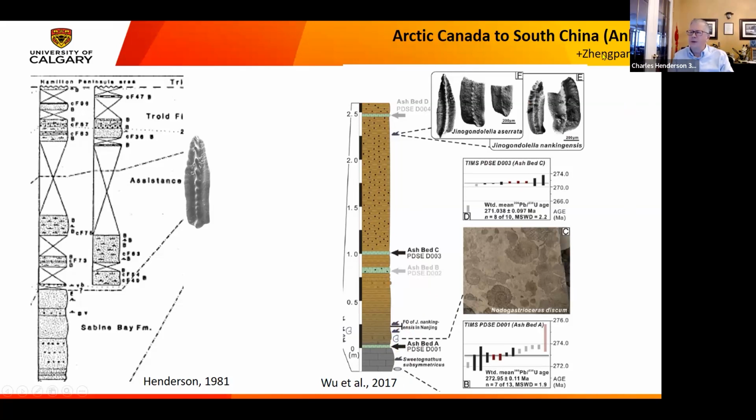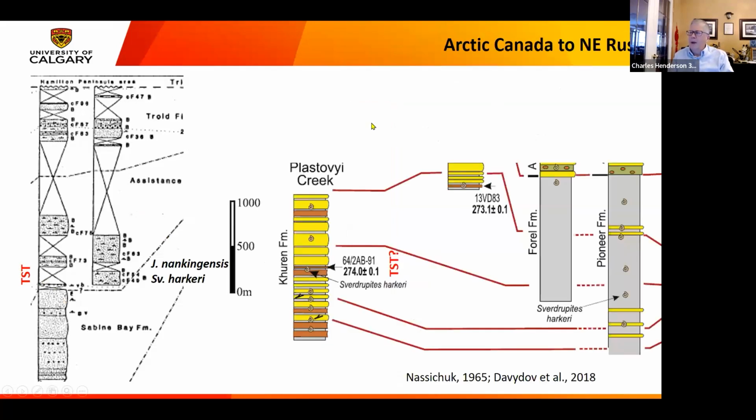We're certainly within uncertainty. So we have a transgressive systems tract, at least subspecies of Jinogondolella nankingensis at both of these sites. So that's a pretty good correlation from Arctic Canada in the boreal realm into South China.